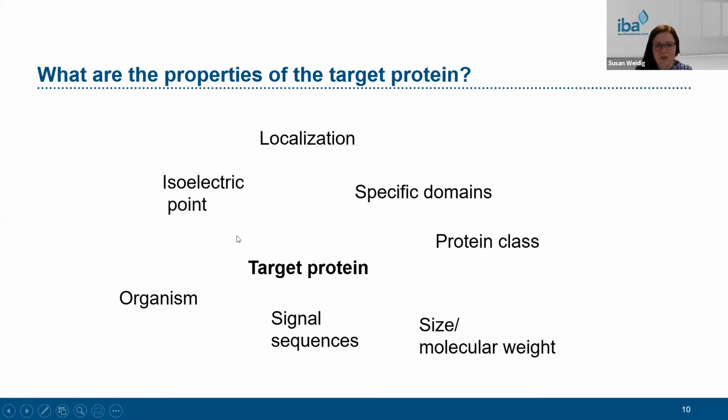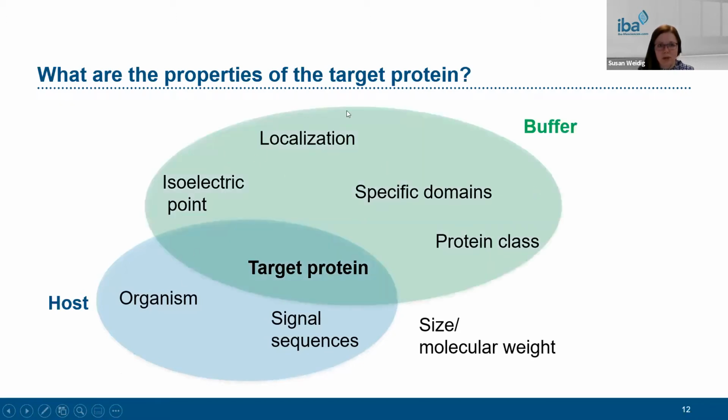If you collect all this information, you're well prepared for your protein purification and expression, because the organism and signal sequences provide information about which host you should use, and the isoelectric point, the localization, specific domains, and protein class are helpful to find the right buffer system.